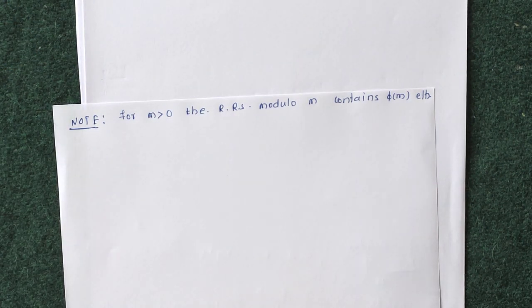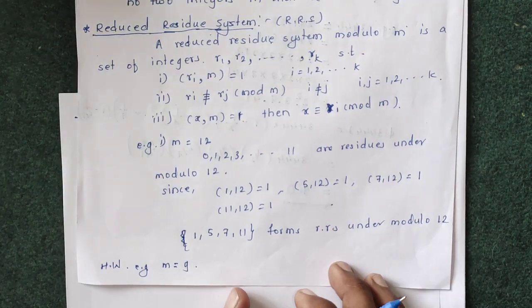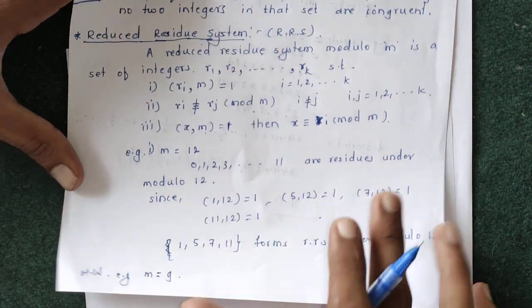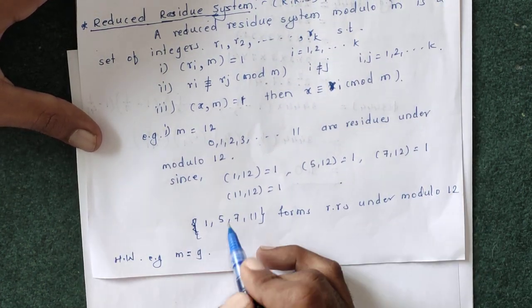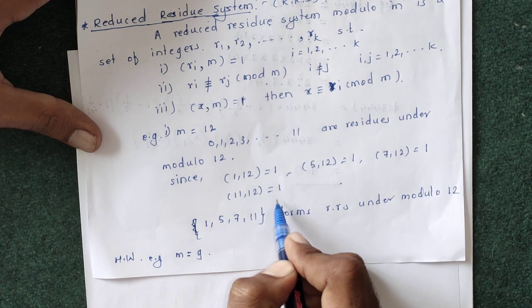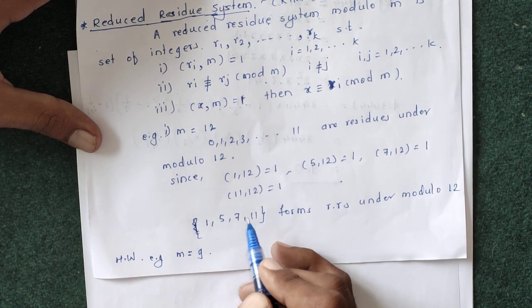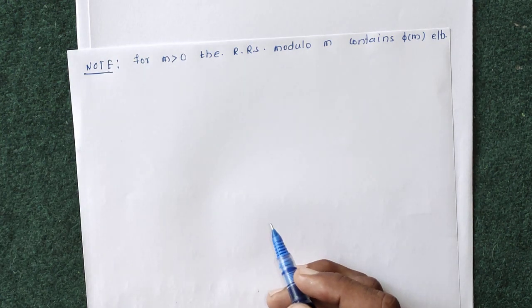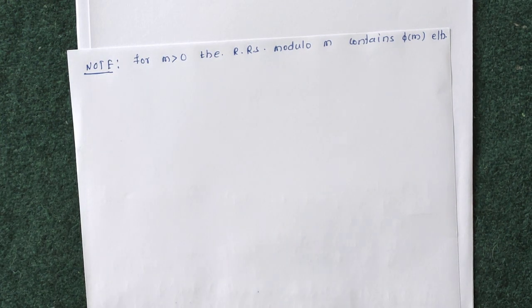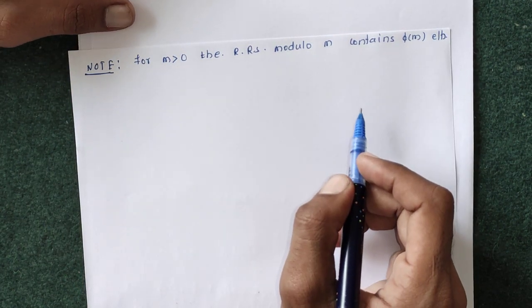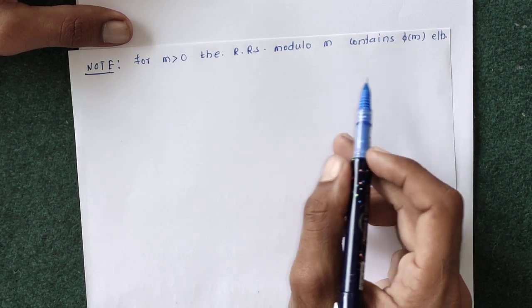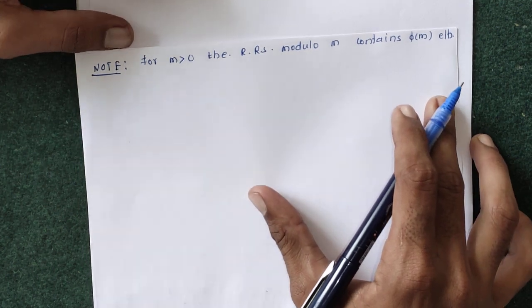Clearly, in the previous example of m equals 12, we found that 1, 5, 7 and 11 form a reduced residue system, and these integers are relatively prime to m. So clearly these are phi of 12, that is Euler's phi function. We have seen that Euler's phi function states that phi of m is the number of integers less than m and relatively prime to m. So for any m greater than 0, the reduced residue system modulo m contains exactly phi of m elements.